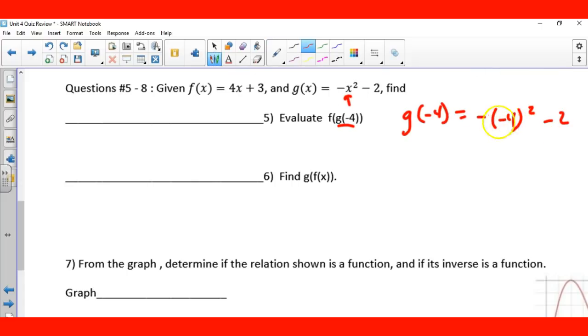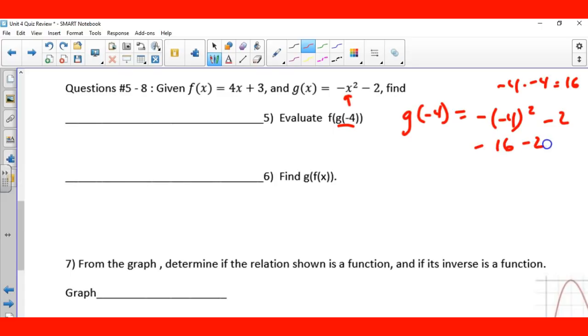So now, -4 squared is positive 16. That's -4 times -4, that's positive 16. And then I have this negative out here, which makes this a negative 16.